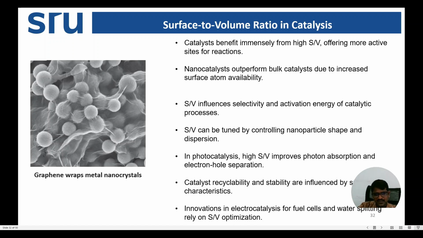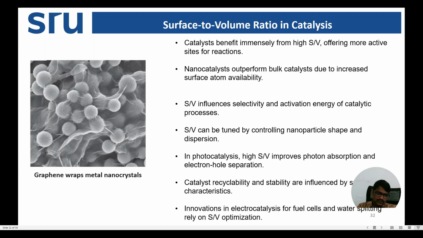Because of this more surface energy, obviously the reactivity will be high, and the efficiency of any application related to this composite will increase. This surface to volume ratio can be tuned by controlling nanoparticle shape and dispersion. This is very important.